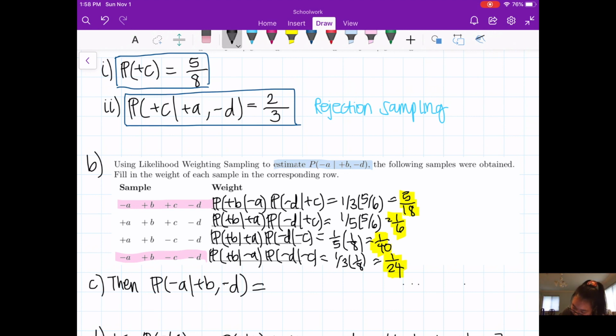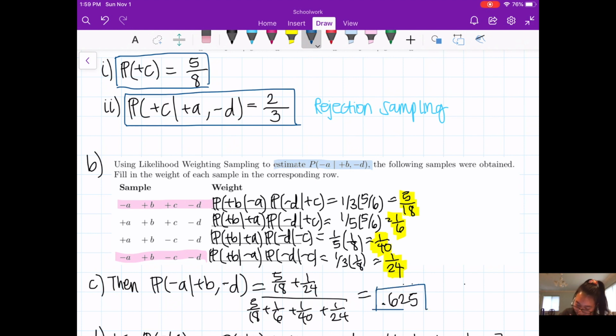So if we include those two weights, it will be 5/18 plus 1/24, and then over the summation of all of them. So 5/18 plus 1/6 plus 1/40, and then plus 1/24. And if you simplify this, you will get that it's equal to 0.625. So that will be your resulting answer for part C.